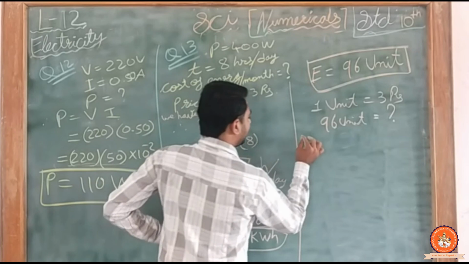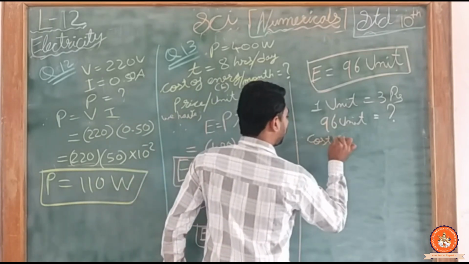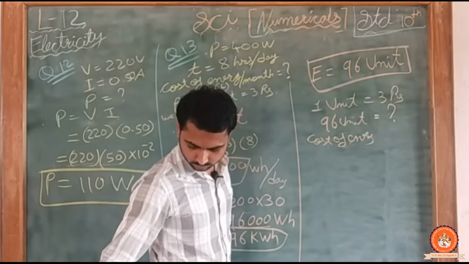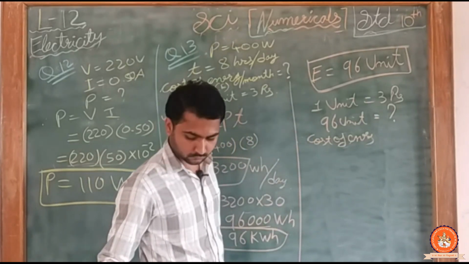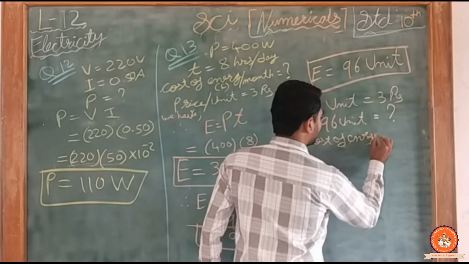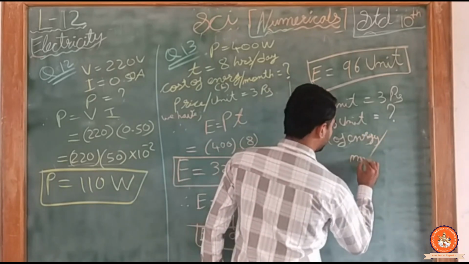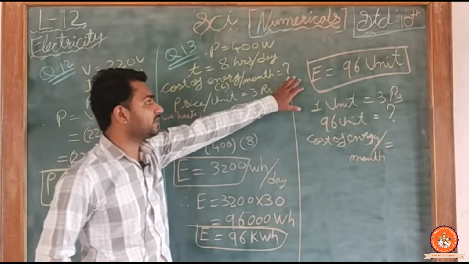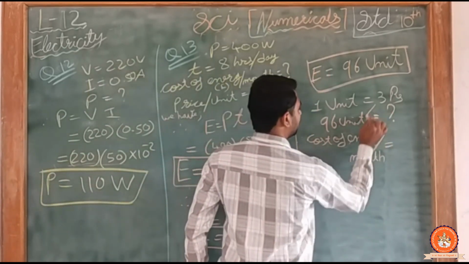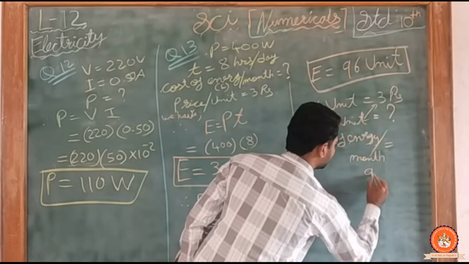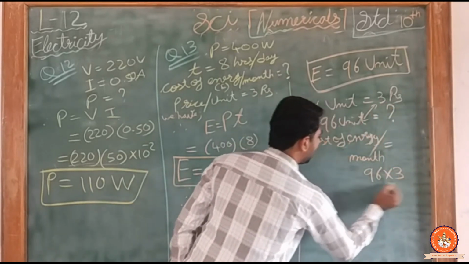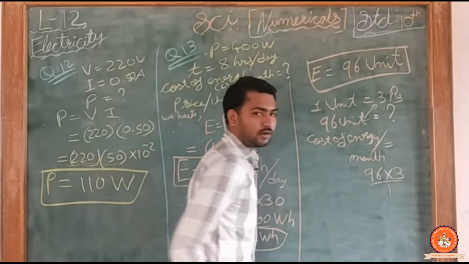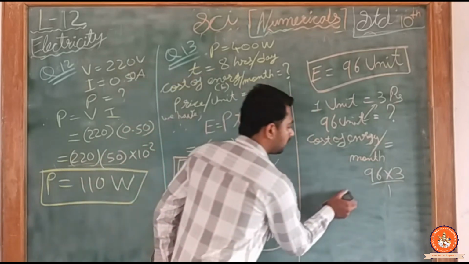Okay, so therefore the cost of energy per month. I get the per month units, that is 96. So 96 multiplied by 3, that means 96 multiplied by 3 divided by 1. I am cross multiplying this. Okay, so divide by 1 करूं या ना करूं, that depends upon you. Clear?